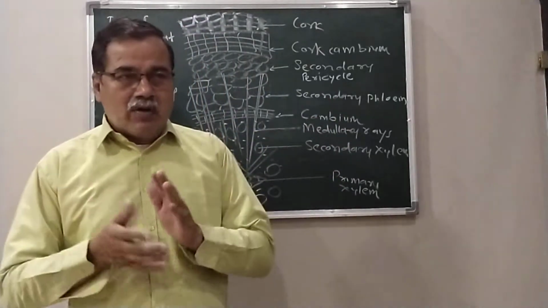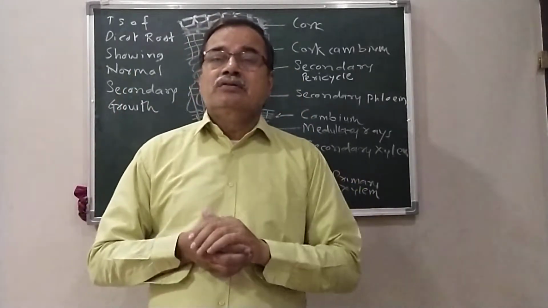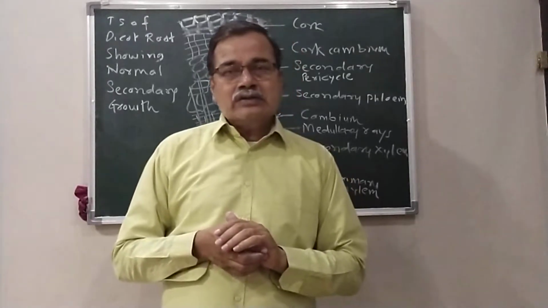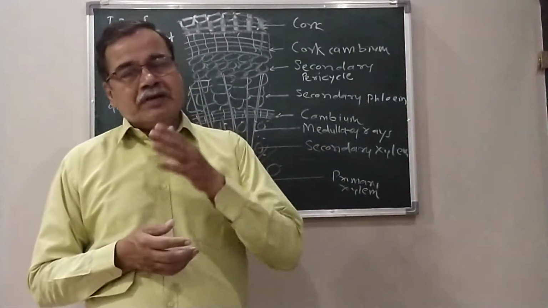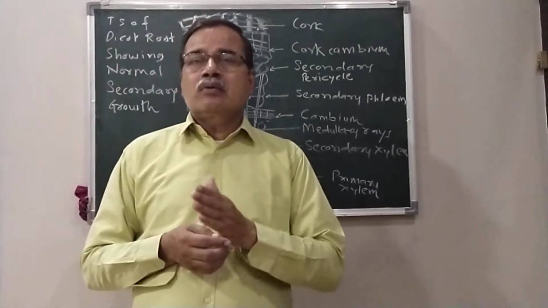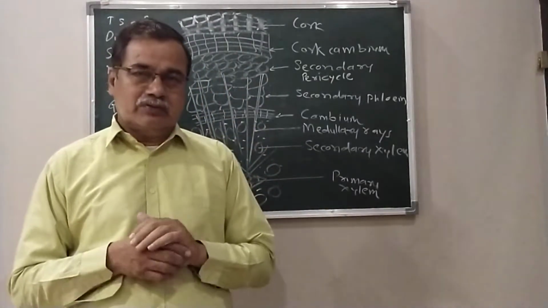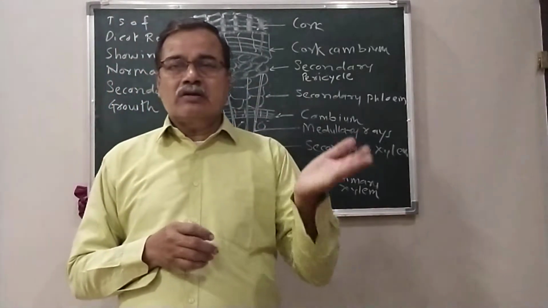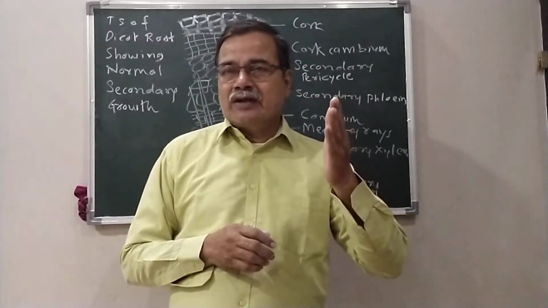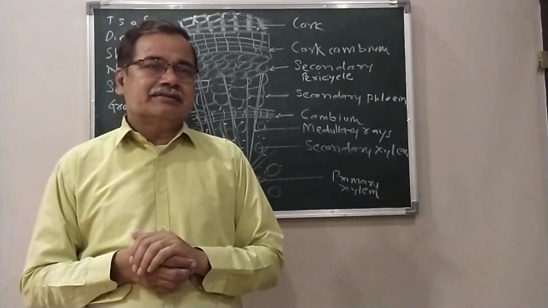Therefore, they need more mechanical support to bear the added weight, and also to fix the roots in the soil. They also need water, minerals and salts, which are absorbed through the roots and translocated to the growing regions, and food is prepared and stored by the phloem and sent to all these regions.